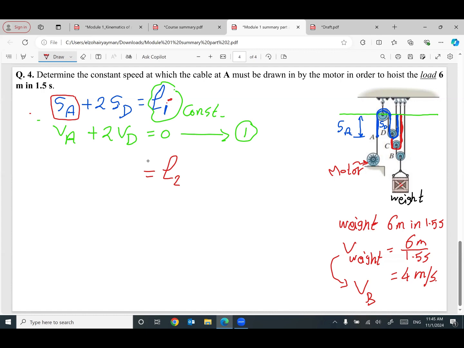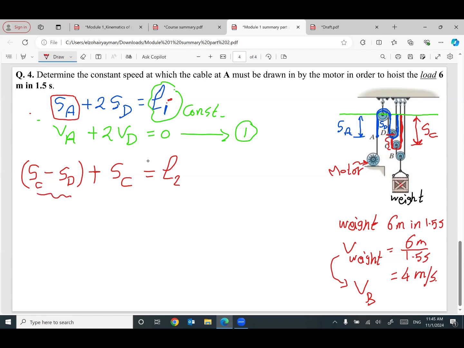I can say SC minus SD plus SC, because this distance equals SC. If you subtract SC minus SD, it will give you this little part.